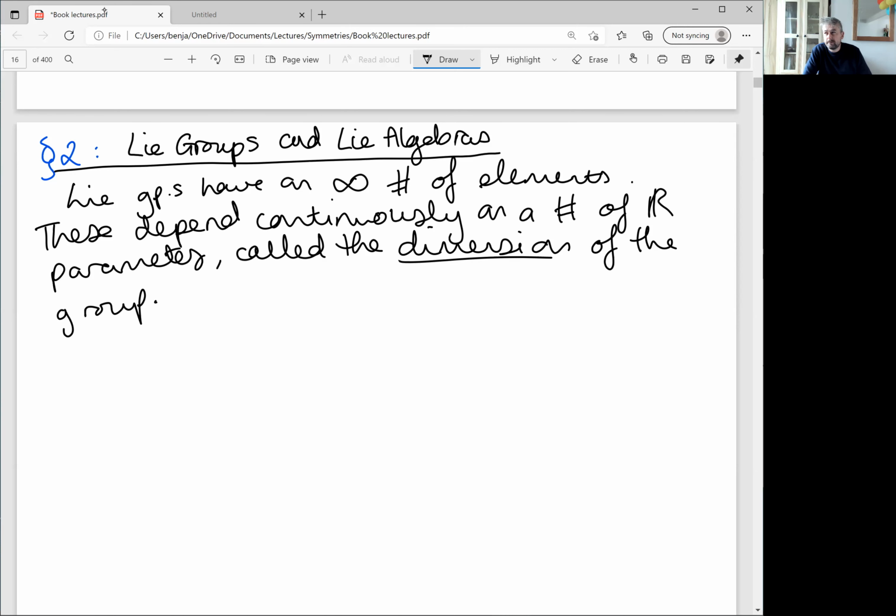So the various group operations, which is products and inverses, they depend continuously and smoothly on the parameters in a Lie group.